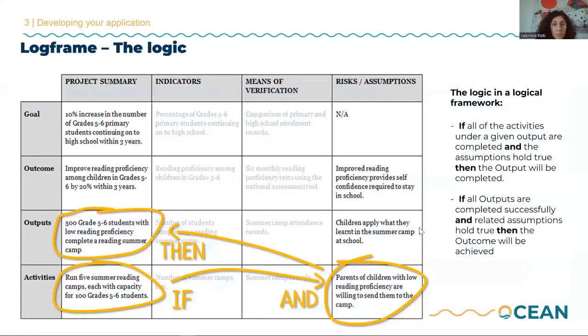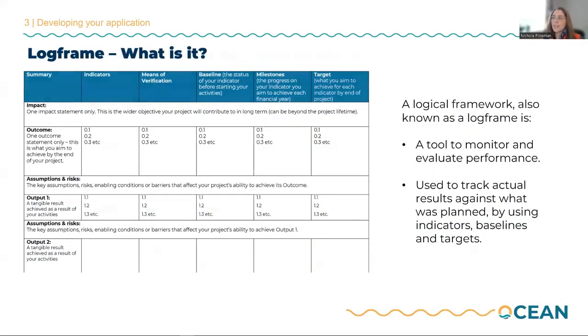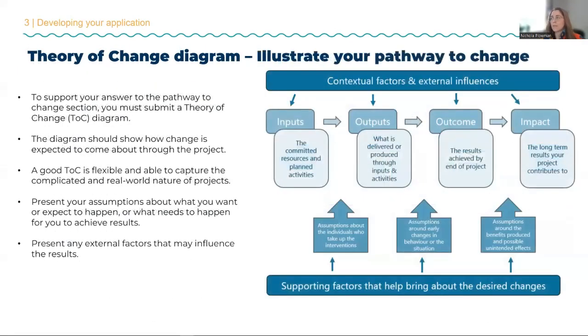The visuals that we've presented are quite simplified versions, but as I say, we're very flexible about that. So here we've got quite a linear example where your inputs lead to outputs, lead to outcomes, and then that leads to impact.